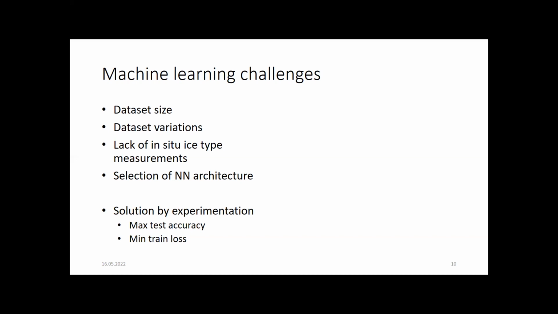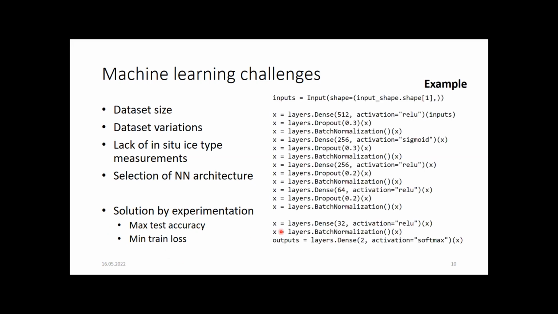And finally, the selection of the neural network itself is a challenge, since nobody really knows what will work. So the solution came by experimentation and looking at the maximum test accuracy or minimum training loss, and this is the method for this model at the moment. Here is an example.